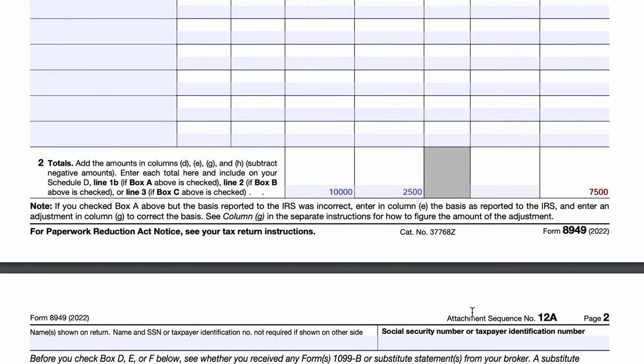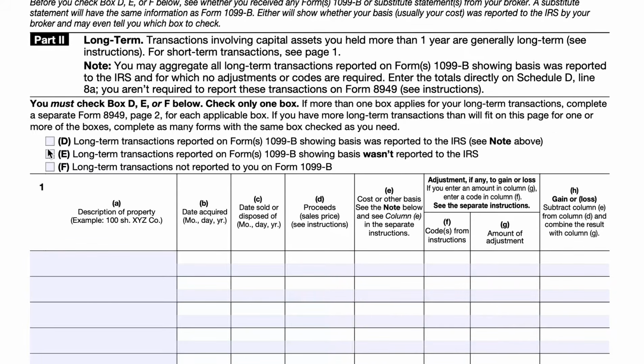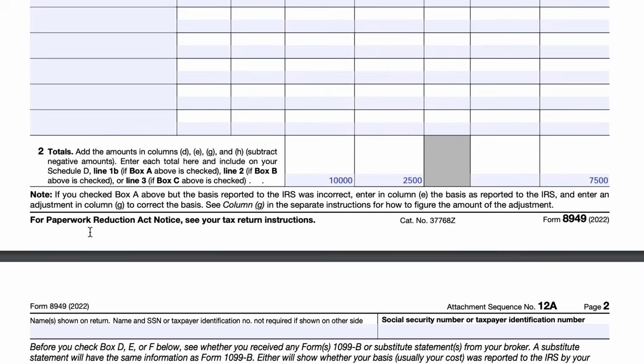Now we'll do the same thing over here. Let's imagine that you inherited 100 shares of ABC stock, and doesn't matter when you inherited it, but for simplicity's sake, let's just say you sold it on the same day that you sold XYZ Corporation stock.